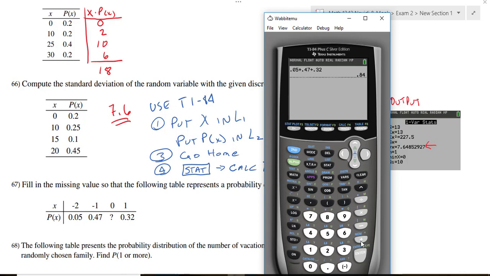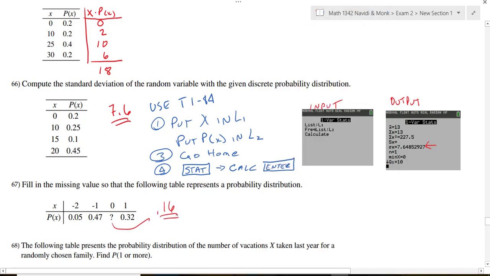If we need this to add up to 1 and it adds up to 0.84, to figure out what is missing, we do 1 minus 0.84, and we see that this has to be 0.16 because all of these probabilities together have to add up to 1.